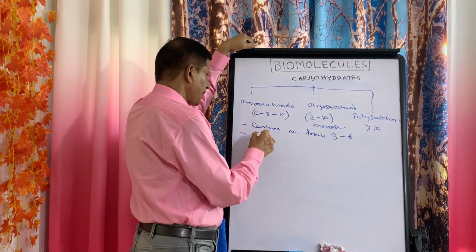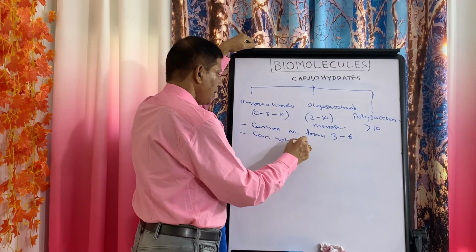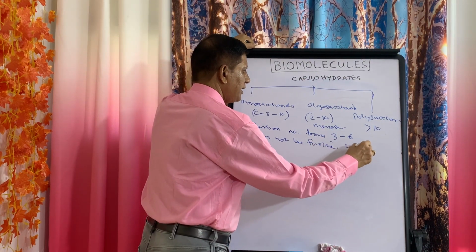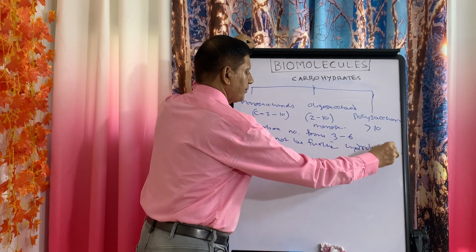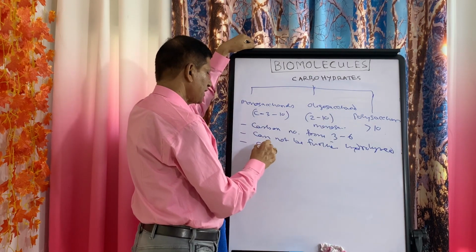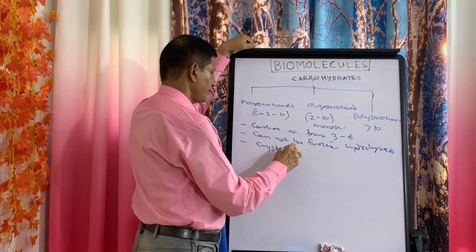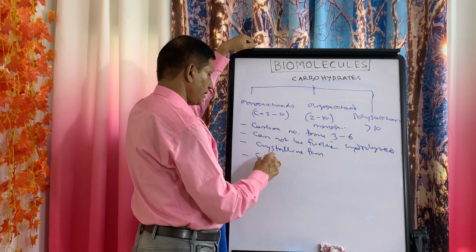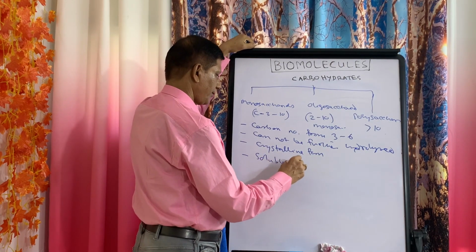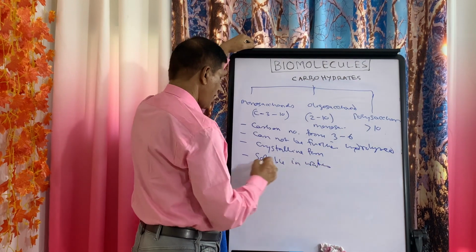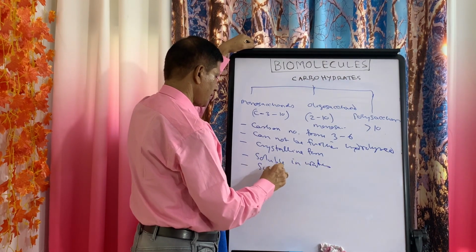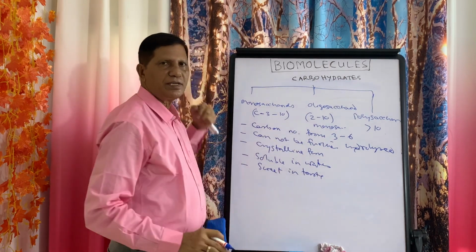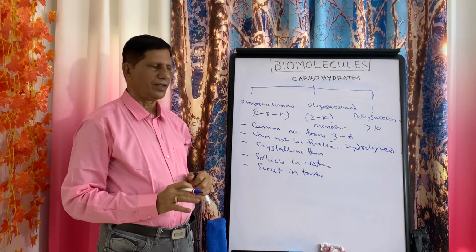Then they cannot be further hydrolyzed because these are the simplest ones. These are present in a crystalline form. These are soluble in water, and these are sweet in taste. Because we are using the word sugars, means they are sweet in taste.